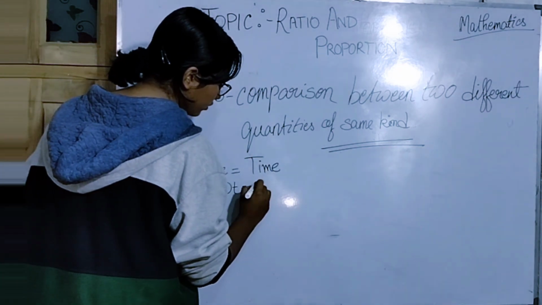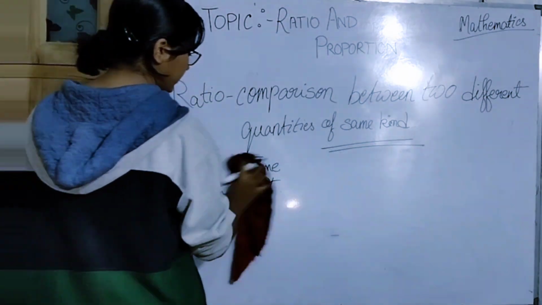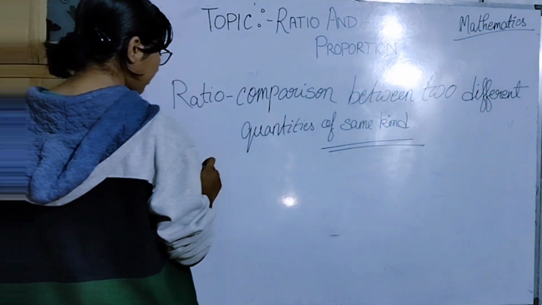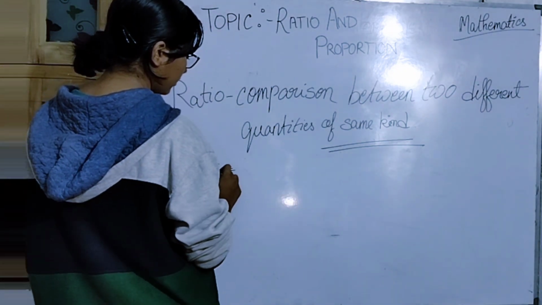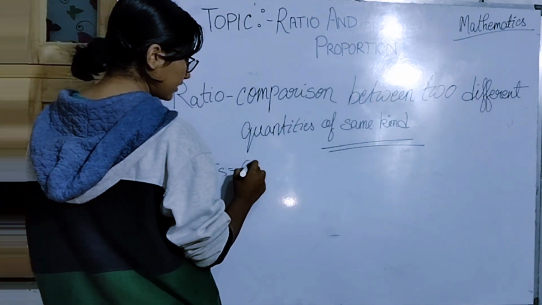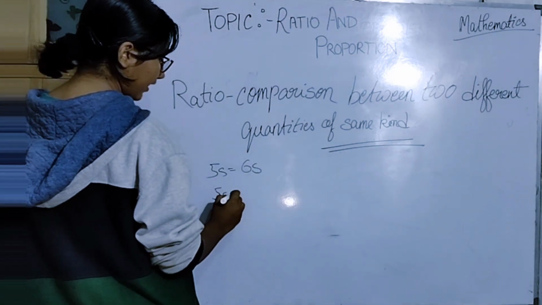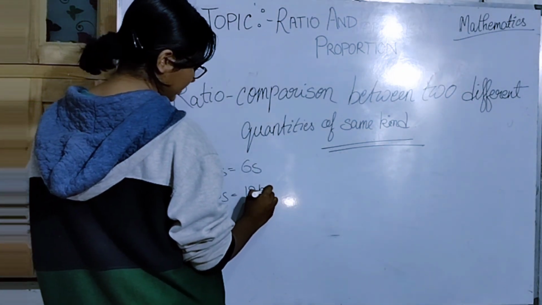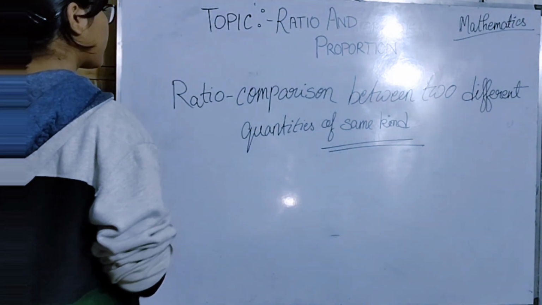Maybe the time is 5 seconds and the other is 6 seconds. This is a ratio, but 5 seconds and 12 kg is never a ratio. It should be of same kind.